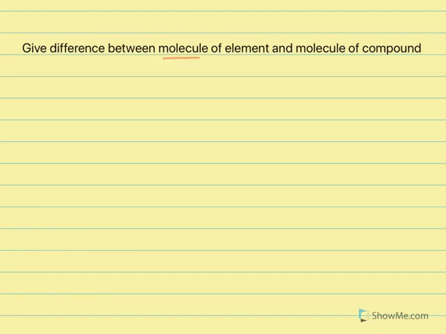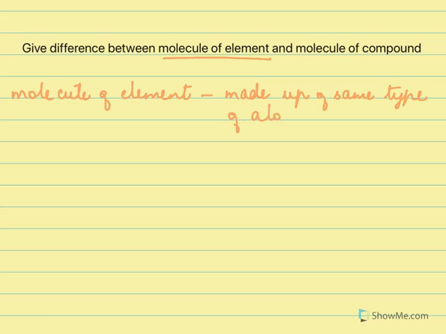Give the difference between the molecule of an element and molecule of a compound. So a molecule of an element is made up of the same type of atoms. Examples could be hydrogen, chlorine, or nitrogen.